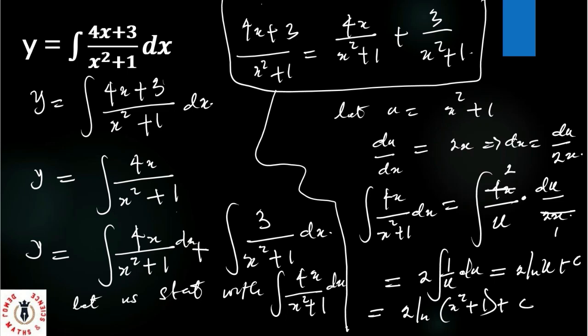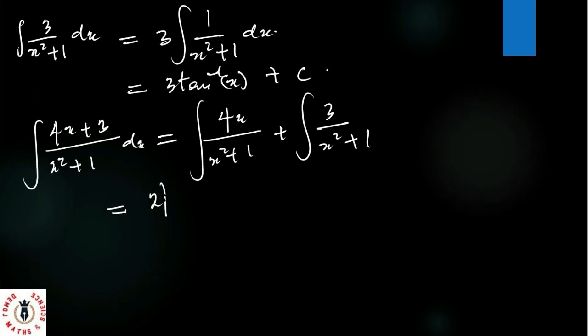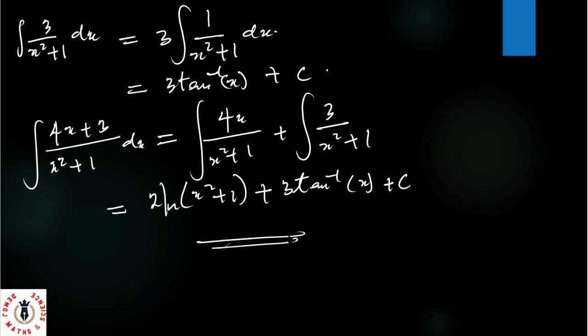I was saying that the integral of 4x plus 3 over x squared plus 1 with respect to x will be the same thing as the integral of 4x over x squared plus 1 plus the integral of 3 over x squared plus 1, which is now equal to 2 ln of x squared plus 1 plus 3 tan inverse of x plus c.